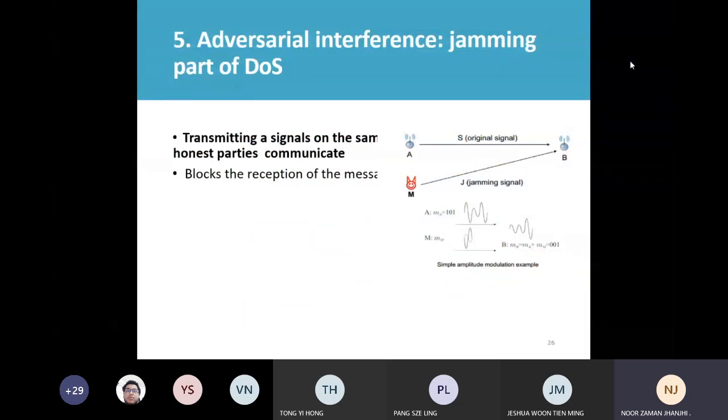Now, what are the issues and losses caused by adversaries through jamming or DDoS attacks? Jamming and DDoS attacks are very close, because in DDoS we are also trying to jam the network by sending multiple extra requests.